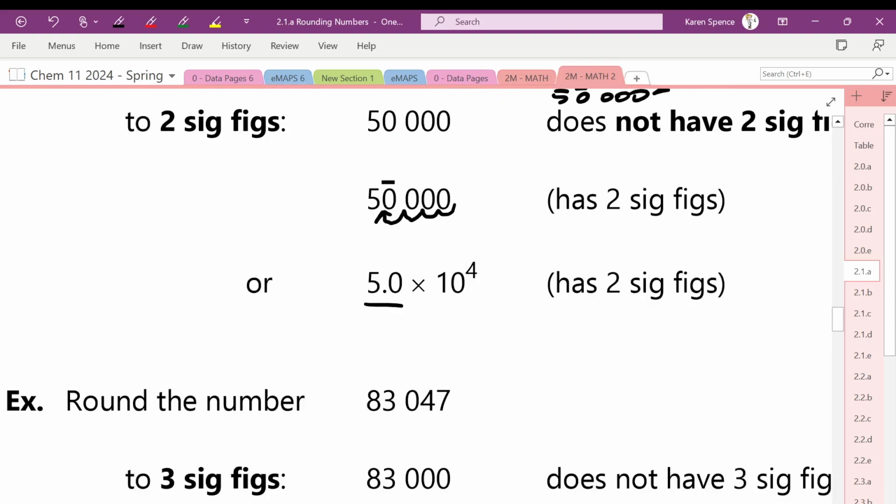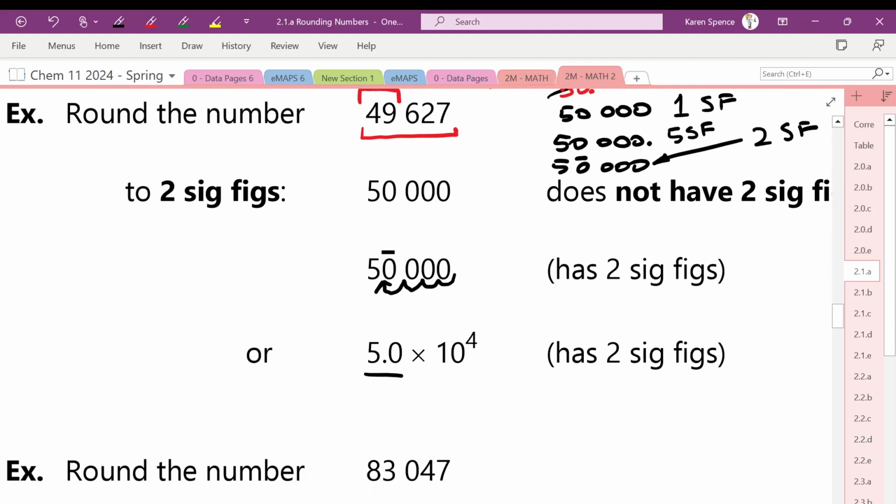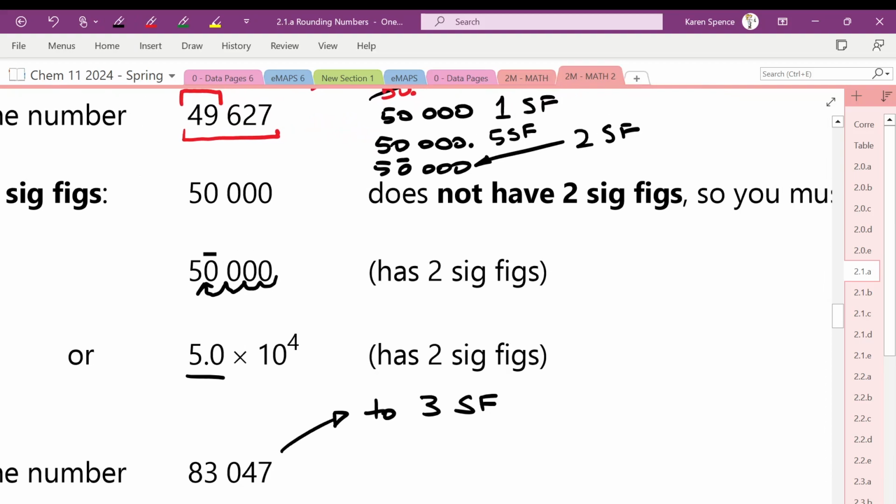Round the number 83047. Let's round this to 3 Sig Figs. I know the answer is there for you, but could you, just looking up here, tell me what I should write? Do I keep the 8? Yes. Do I keep the 3? Yes.